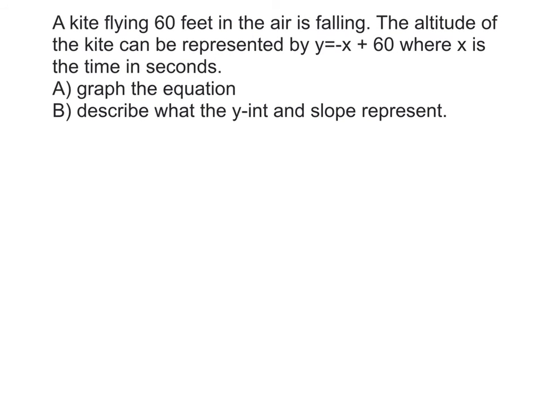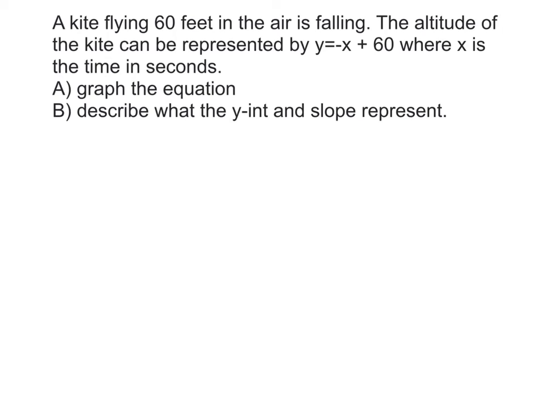So there's 2 parts to this. A kite flying 60 feet in the air is falling. The altitude of the kite can be represented by the equation y equals -x plus 60, where x is time in seconds. Graph the equation and describe what the y-intercept and the slope represent. Pause the video and try this on your own.